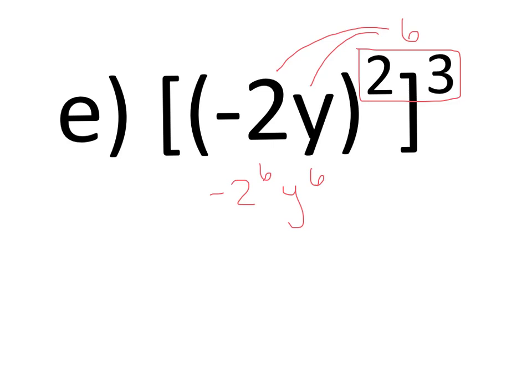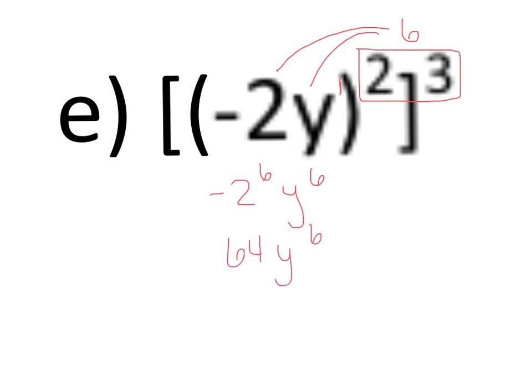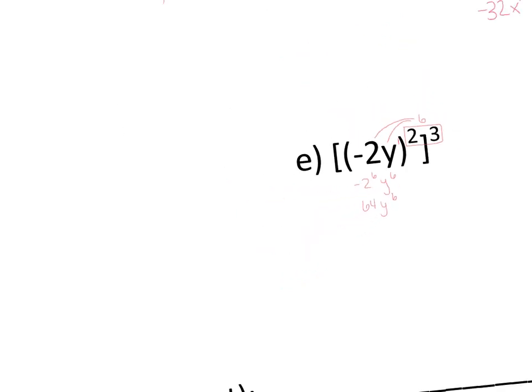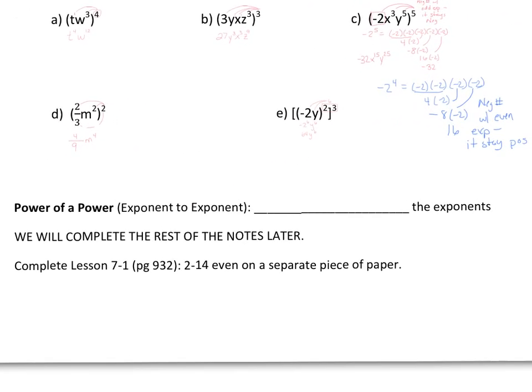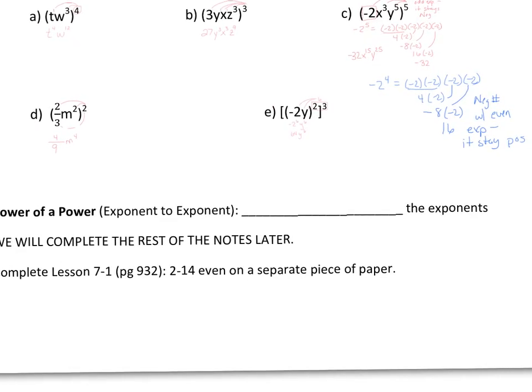When I drop that 6 in, remember there's a 1 right here with that y. Now negative 2 to the 6th, since it's an even exponent, I know I'm going to get a positive answer. 2 to the 6th ends up being 64, and then y to the 6th. So our rule is anytime we have exponent to exponent, we multiply the exponents.